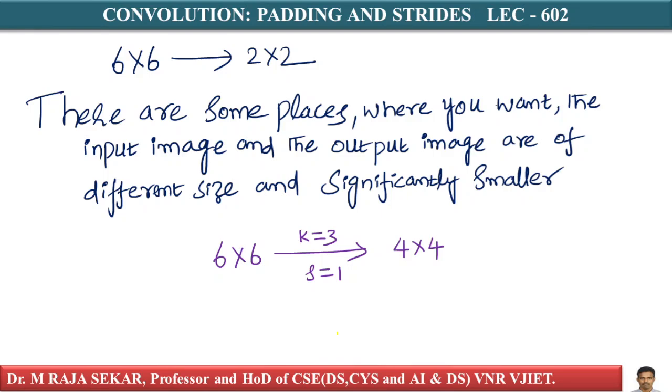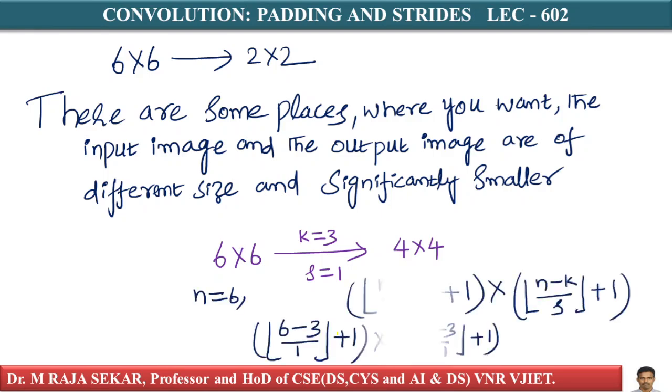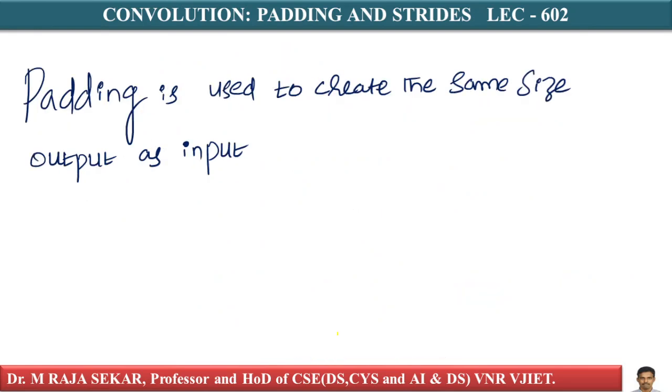There are 3 concepts that we learn. The first one is convolution, which is nothing but an element-wise multiplication and addition. For n equal to 6, k equal to 3, s equal to 1, you are getting a 4 by 4 matrix, isn't it? That's what we were discussing.